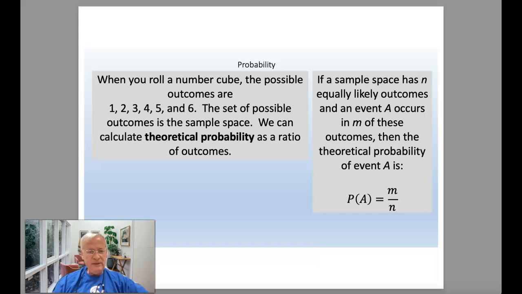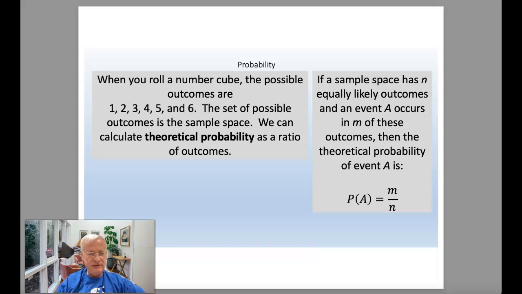The other probability we're going to talk about is the theoretical probability. Now, you know how many possible outcomes there are, and you know what the outcomes are, so you can calculate the theoretical probability. Again, n is all the likely outcomes, and that goes in the denominator. m is how many times the outcome you're measuring occurs.